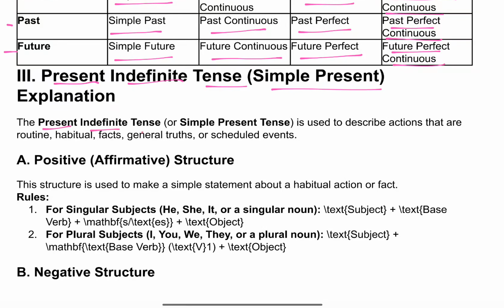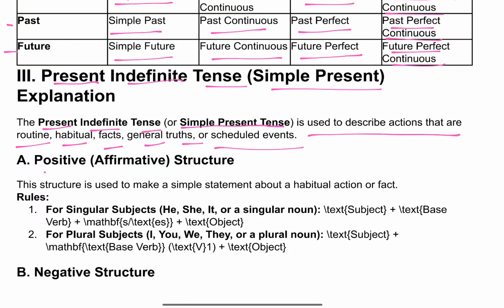The present indefinite tense, also known as simple present tense, is used to describe actions that are routines, our daily routines, habitual habits, facts, general truths, or even schedules. That is very important. Remember and set in your mind these points: present simple is used for habits, routines, facts, general truths, and scheduled events. Okay, very important.